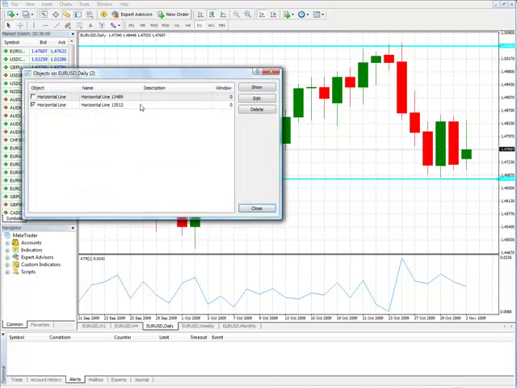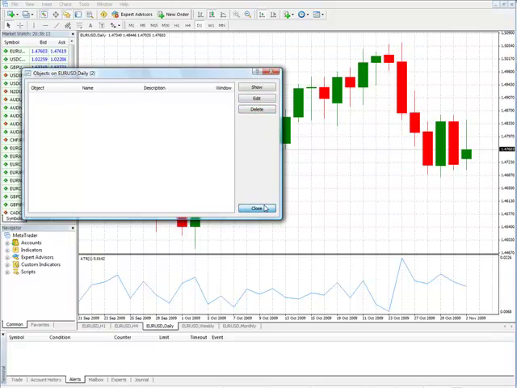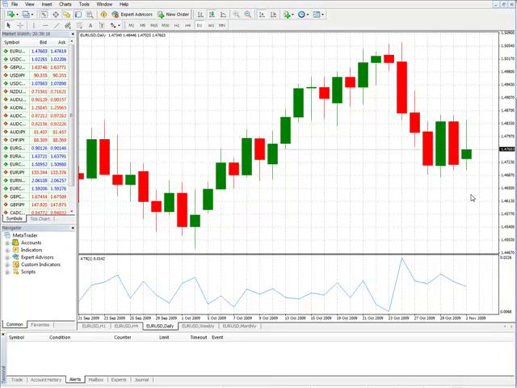Let's take the objects list real quick. Got to remove both of those. Okay. If you're looking at the last, say, 3 days, not including the current day, take a look here. That's the highest high.